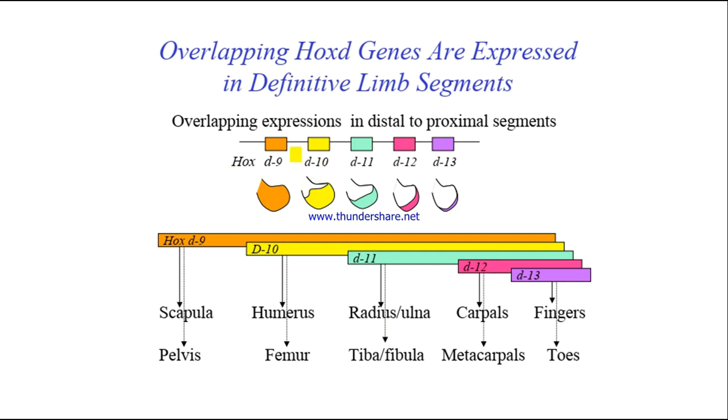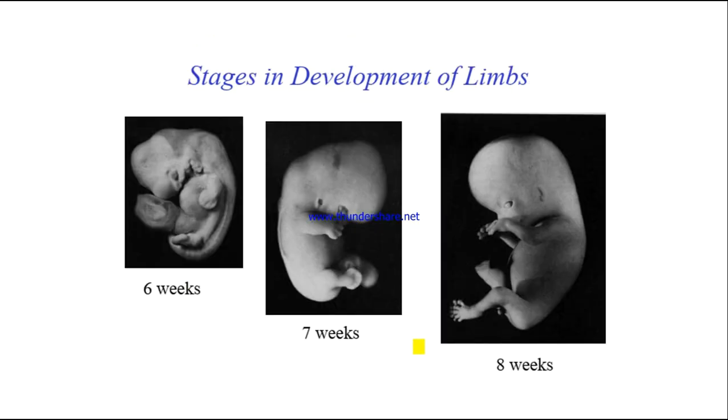So if for any reason any of these areas were switched off, or were not transmitting their pathways properly, you could have abnormal development of one of the corresponding regions, such as HOXD9, scapula and pelvis, or D11, radial and ulnar and tibia and fibula development.